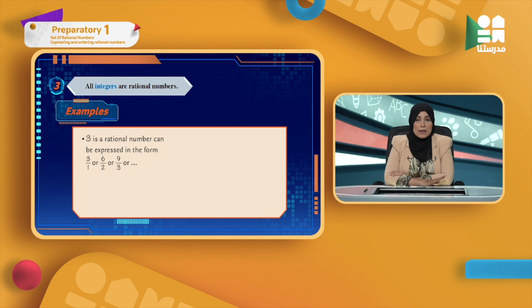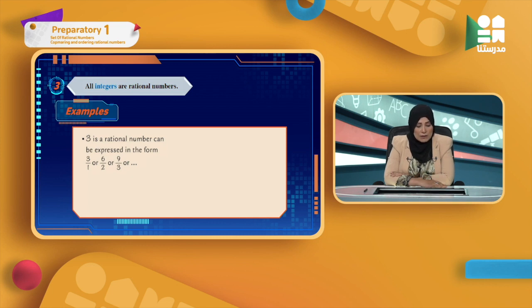Some examples for integers. 3 is an integer number. I can write it as 3 over 1, or we can write it by multiplying both numerator and denominator by 2 to get 6 over 2. So it's up to you to multiply it by any number, but you have to know that when you multiply the numerator, you have to multiply the denominator by the same number.